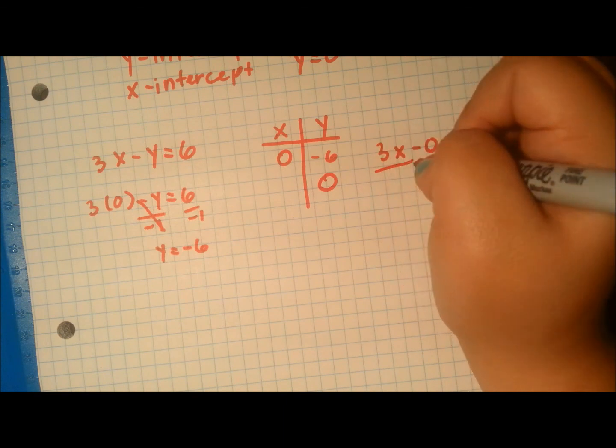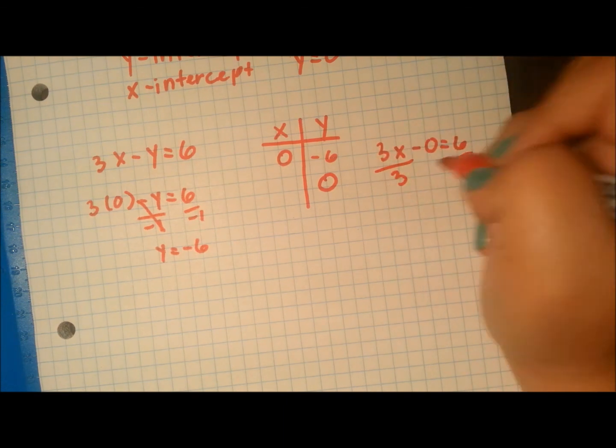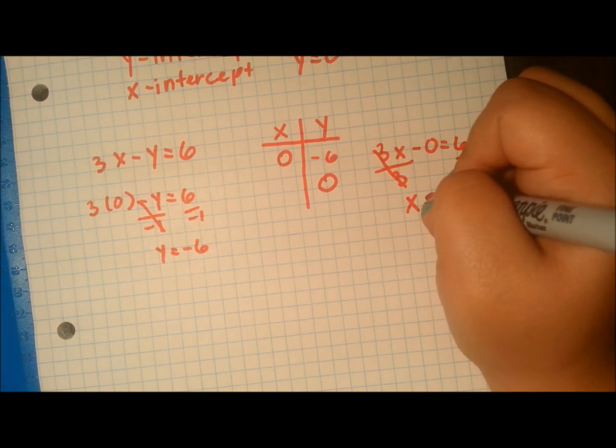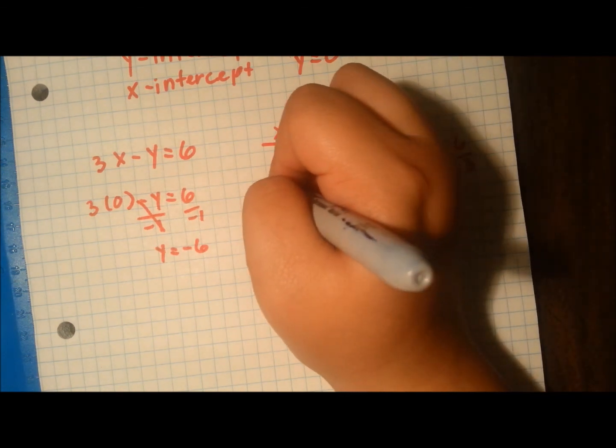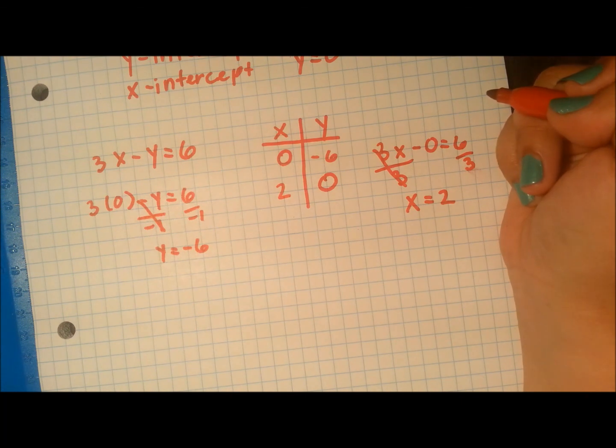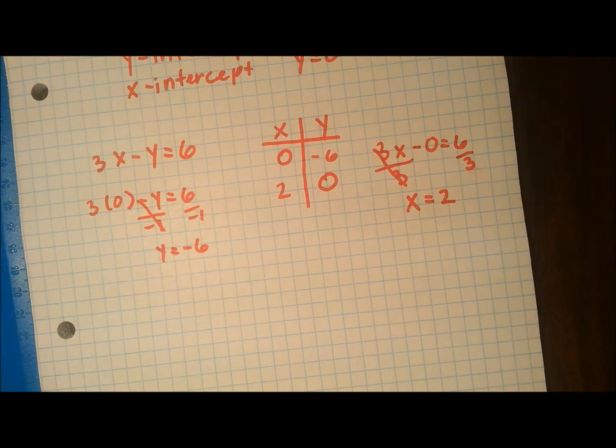And what you would do is divide by 3 on both sides. And so that will leave you with x is equal to 2. And you would plug that into your t-chart. Like I stated before, you only need 2 points to graph a line.